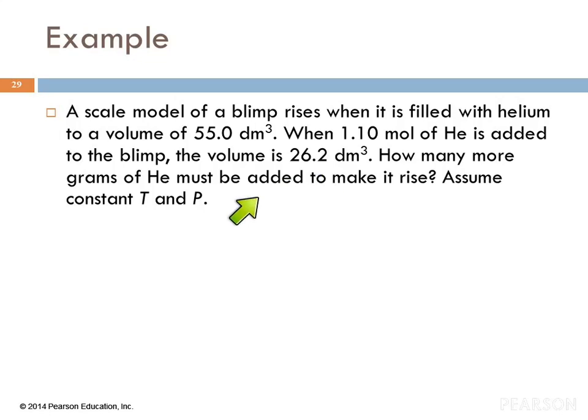We want to get the balloon or the blimp to rise. That means it has to get to this volume. Okay? This problem is harder to decipher. It really is. So what we're trying to do is get the blimp to be a certain volume.